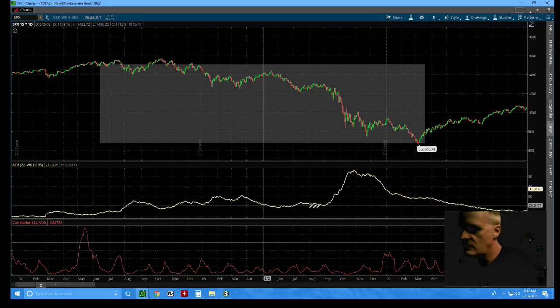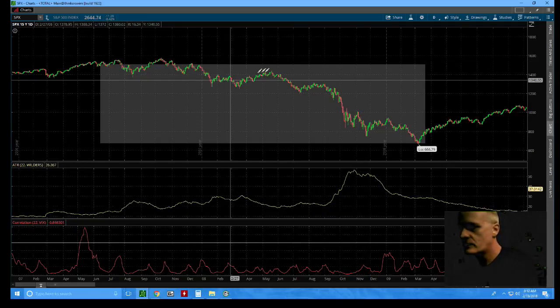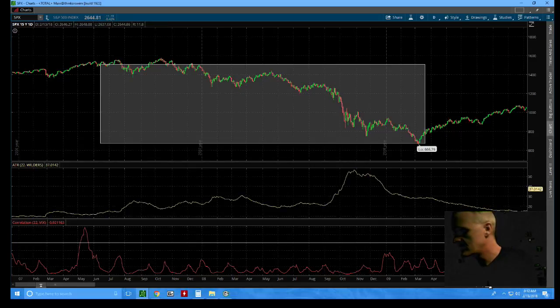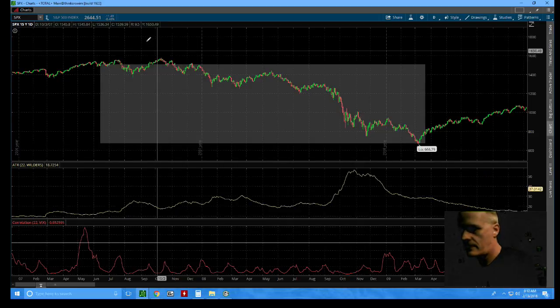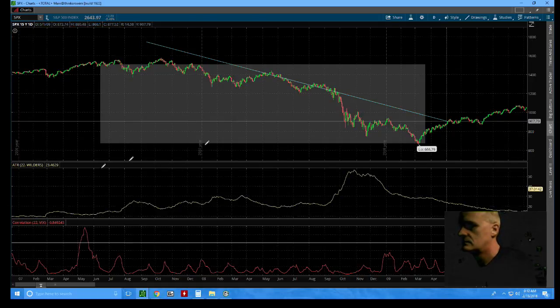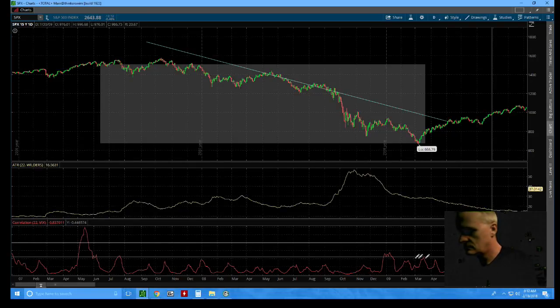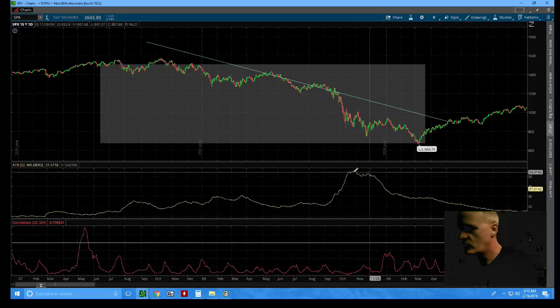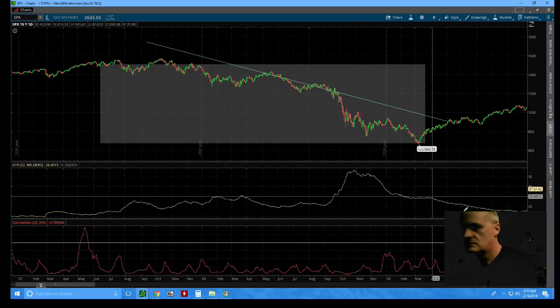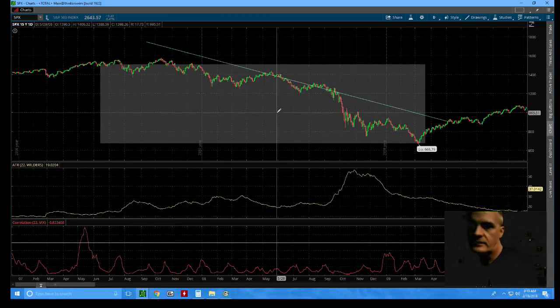ATR continued to increase, and as ATR continued to increase, that was long-term bearish for prices. Until average true range started to normalize, then it was able to rebound and start to leg higher.